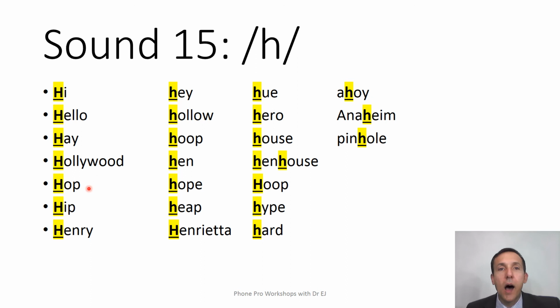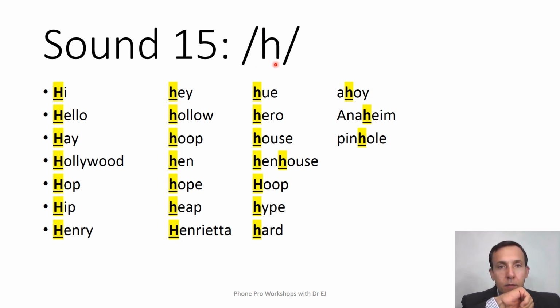Hollywood, hop, hip, Henry, hey, hollow, hook, hand, help, heap, Henrietta, Hugh, hero, house, hen house, hope, high, hard, ahoy, Anaheim, pinhole.